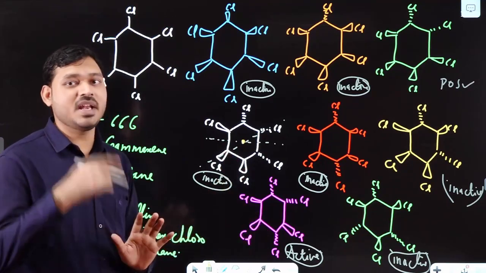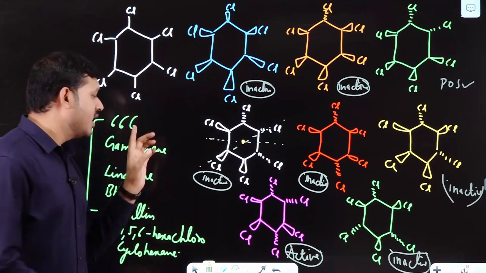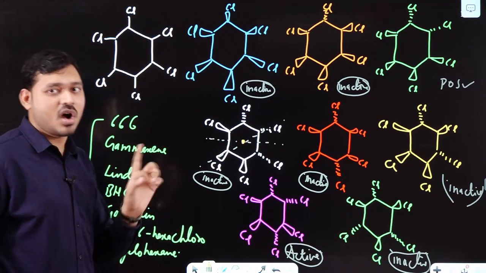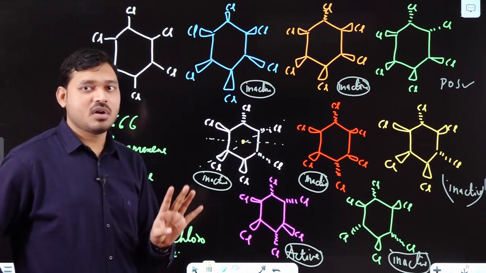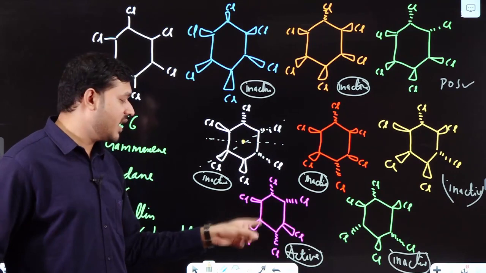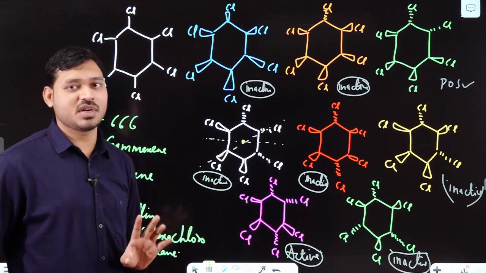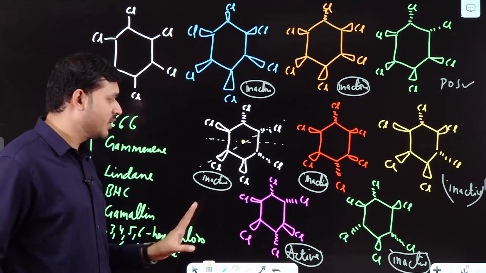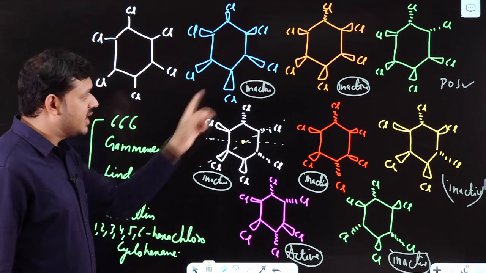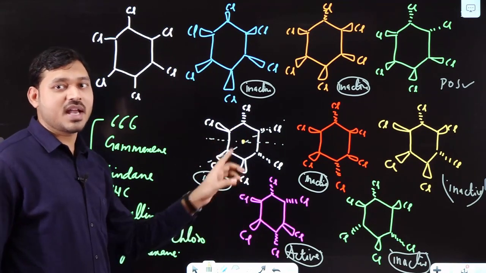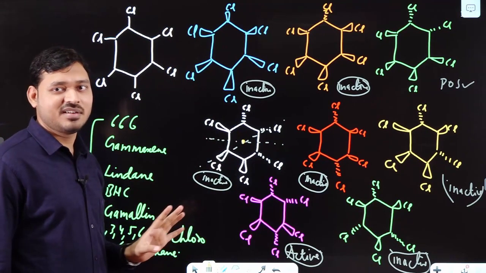So total will be 9. So there are 9 stereoisomers for benzene hexachloride, out of which 7 are optically inactive and 1 is active. So its mirror image is also considered. Clear? Done? Okay. So you can see here, among all these 8, they are all diastereomers of each other.